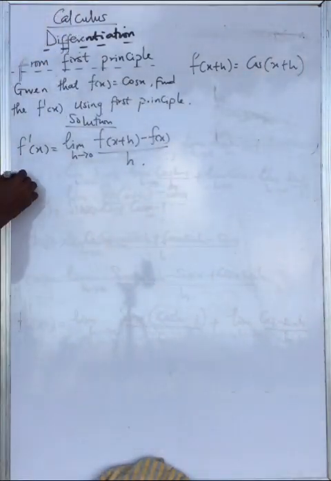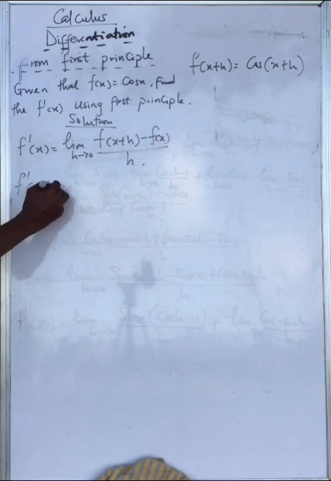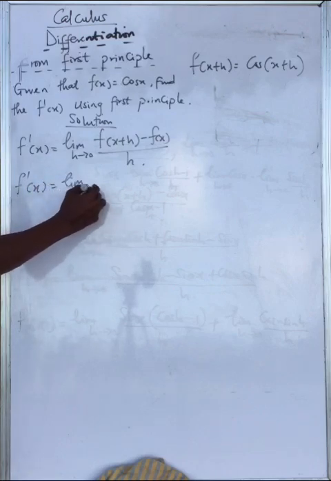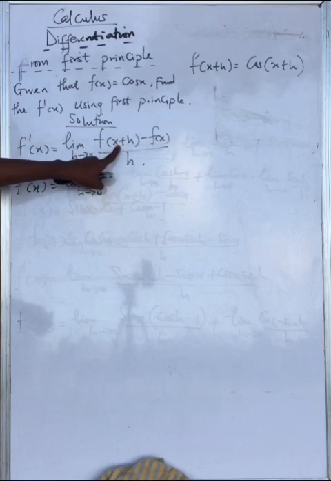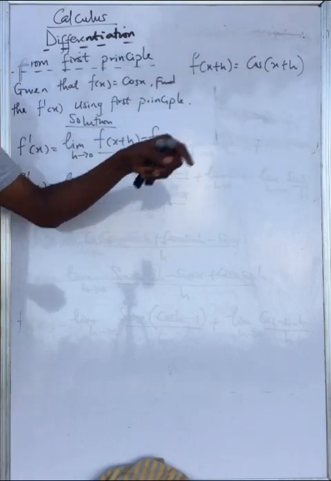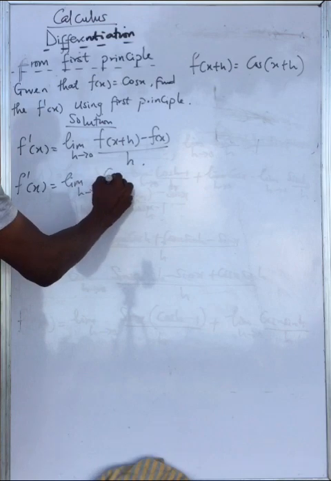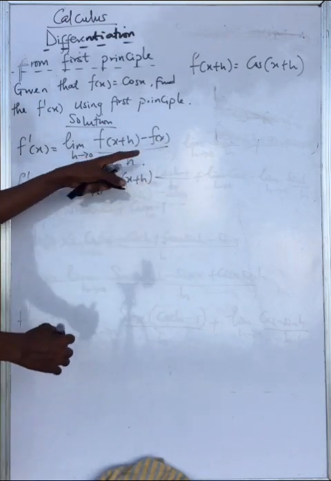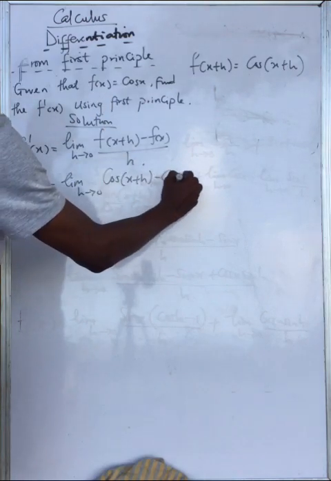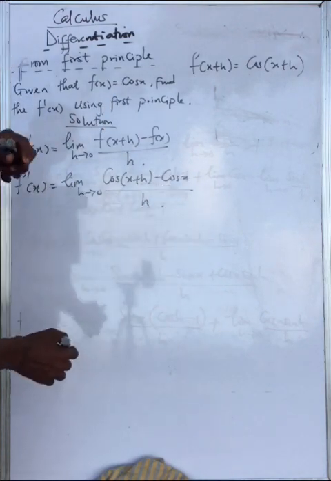So that I have f prime of x equal to the limit where h tends to 0 of, now I replace my f of x plus h with that value, which is cos of (x plus h), minus my f of x, which is cos x, over h.